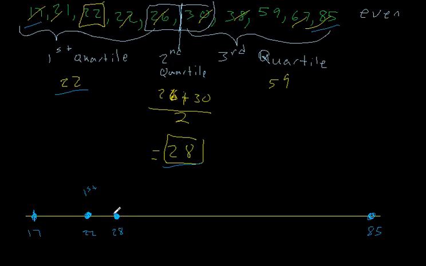Well, 59 is nowhere near 22 or 28, and it is more in between 28 and 85 than being closer to either of the two, as 22 and 28 are. I'm going to put 59 somewhere around here on my number line. So now I've got my first, my second, and my third quartile down.